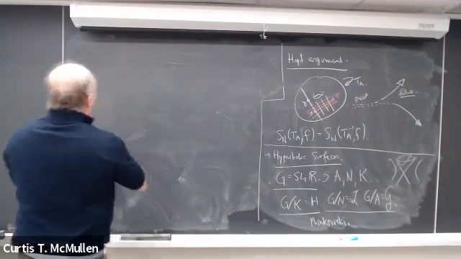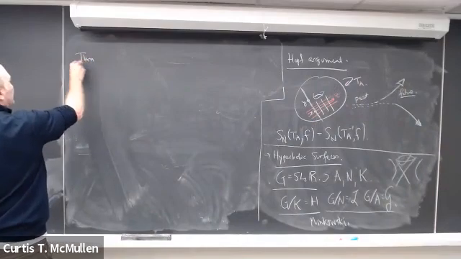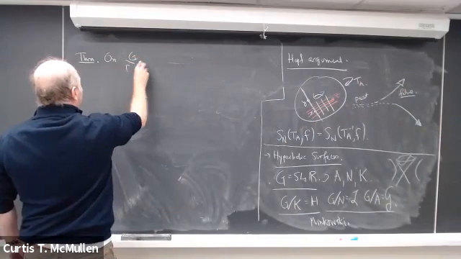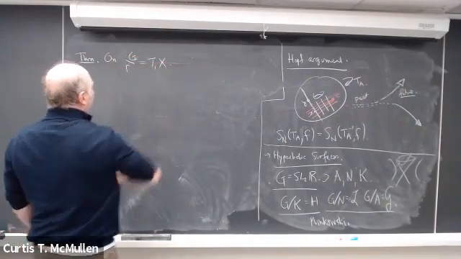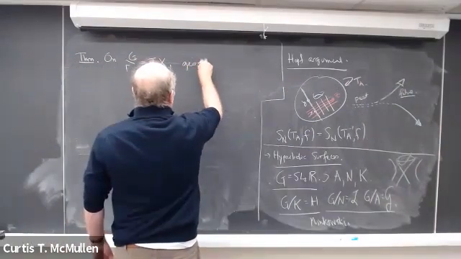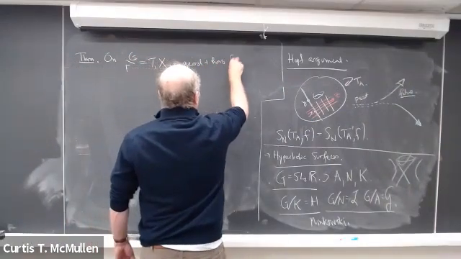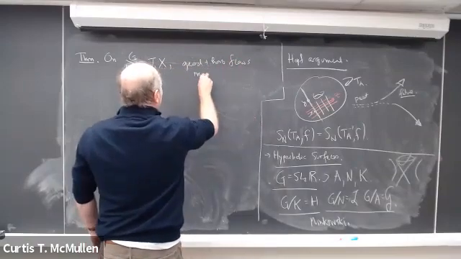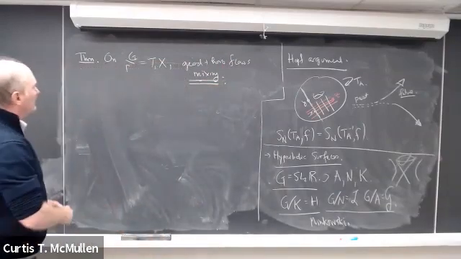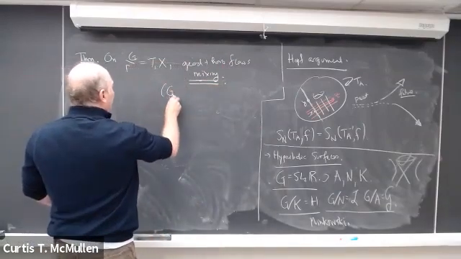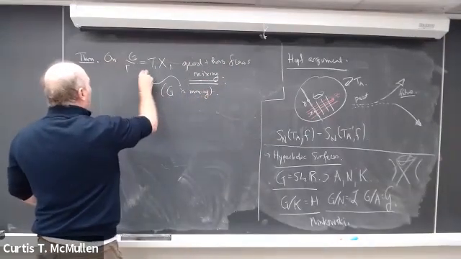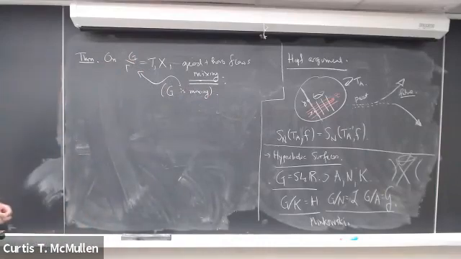And so what we proved was that on G mod gamma, which is like the unit tangent bundle of a hyperbolic surface, geodesic and horocycle flows are mixing. And in fact, we proved that the whole action of G is mixing on L2 of this quotient space.